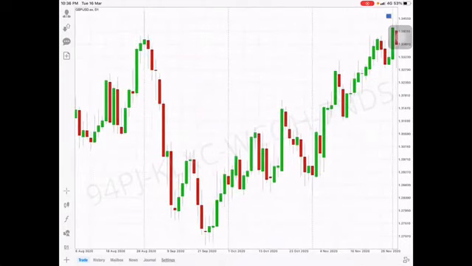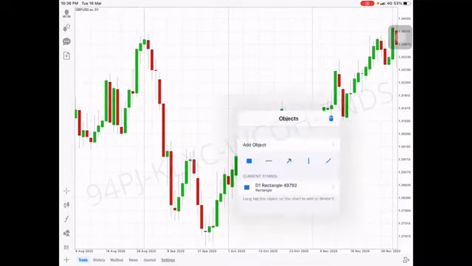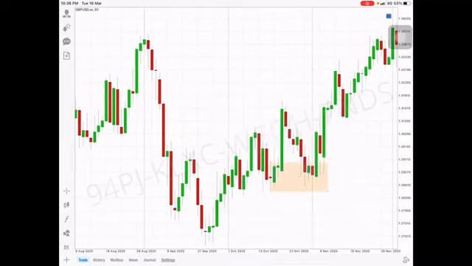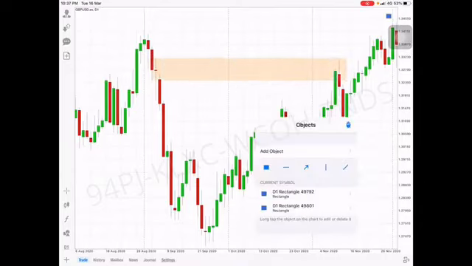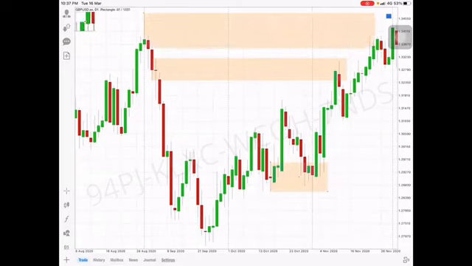Let's say that you've got your entries on this part. So you are going to close your position at DOM, which is right here, DOM, or engulfing sell, because we are trading zone to zone.